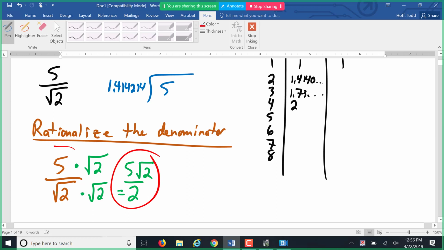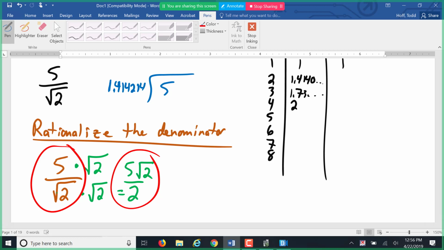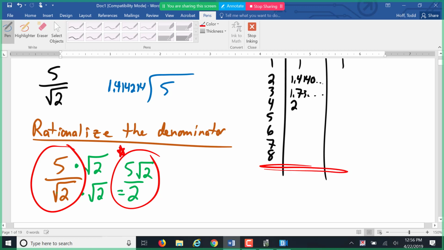Now when you look at these, 5 over the square root of 2 actually looks simpler. There's less numbers involved, less terms there. But this is actually a lot simpler to calculate if you had to use these tables. 5 times the square root of 2 divided by 2 is way simpler than just dividing 5 by the square root of 2.